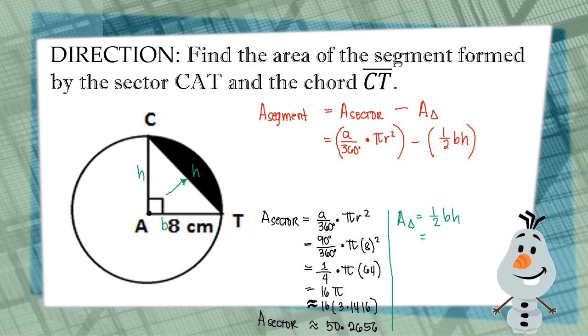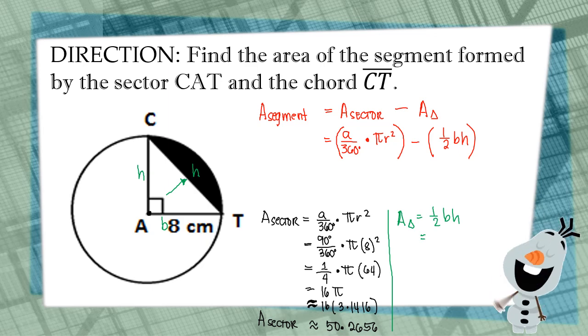Now, if you get confused, for example, segment CA would be your base and AT would be your height. It doesn't matter in this figure because, as you can see, AT and AC are both radii. Therefore, they have the same measure.